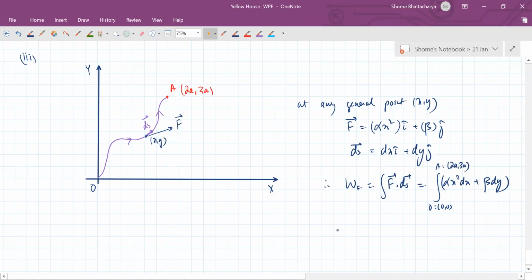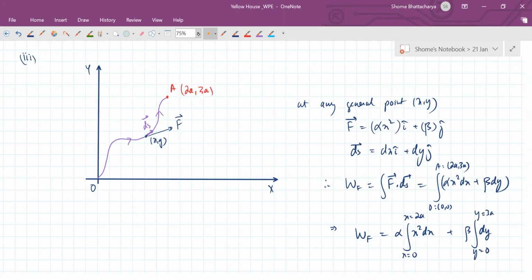So because the expression is like this, now I can easily separate it into two integrals, like this. And here the x coordinate is changing from 0 to 2a, and here the y coordinate is changing from 0 to 3a.